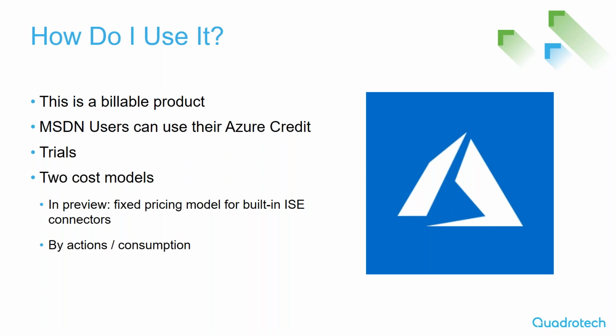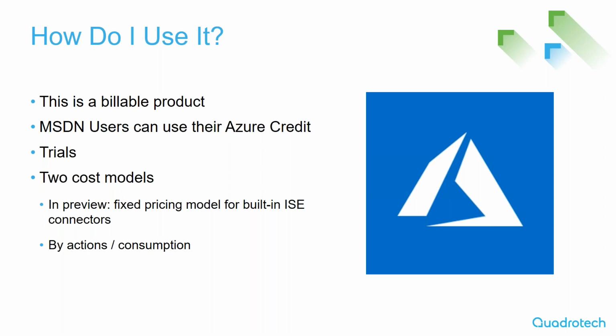And that's exactly what MSDN is designed for. There are some trials. So if you don't have an MSDN account, there are some 30-day trials out there that you can use to get in there. So if you go out just to the Azure Logic Apps site, you can see your free trial button and go ahead and sign in with your Microsoft account and fool around with it.